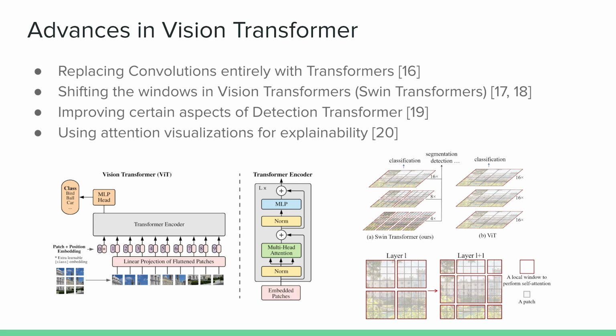There are even more advances from the field of computer vision, where transformers are also now becoming increasingly more and more popular. One idea would be to replace convolutions entirely with transformers. This approach is called vision transformers, and you can see it in the bottom left image here.